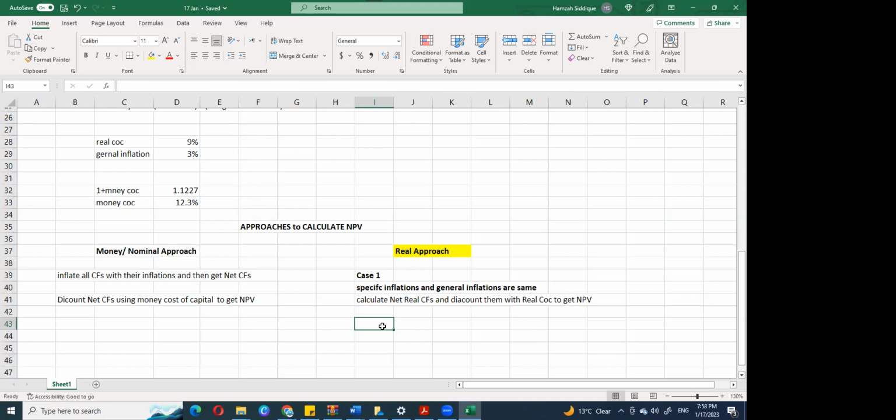Now, the next point is the second case, case two. Specific inflations are different. So what to do in this case when specific inflations are different?